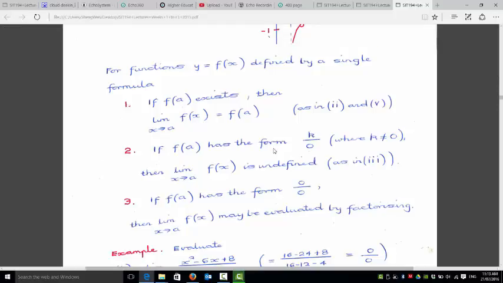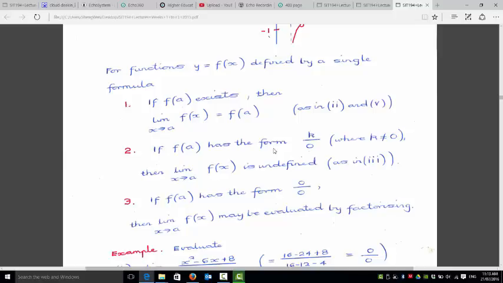Sometimes, in order to help you calculate the limit of a function when x approaches a value, I think this week we will tell you how to get it.